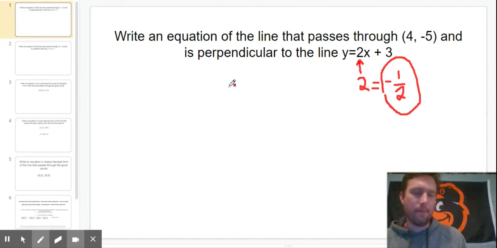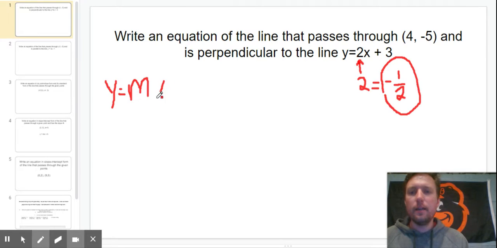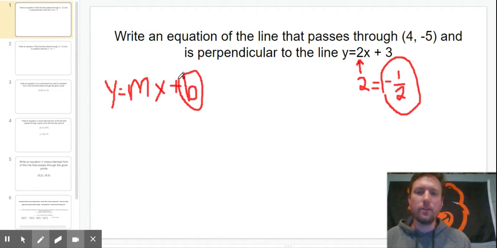So we're going to use our equation, y = mx + b, and we're going to plug in our known amounts and solve for this part, our y-intercept.